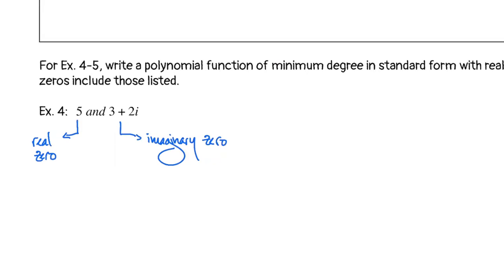There's a really important point that I want to make about the imaginary zeros, okay? And that is this: imaginary zeros always come in pairs. There's never just one imaginary.